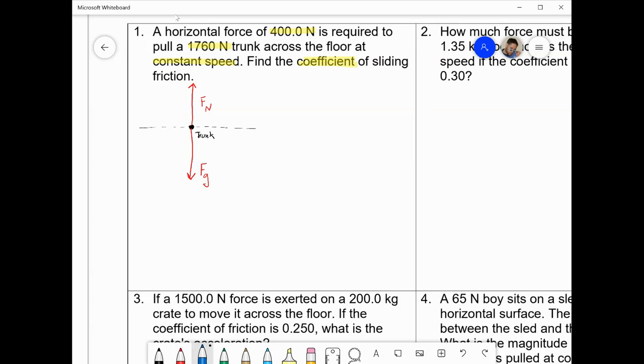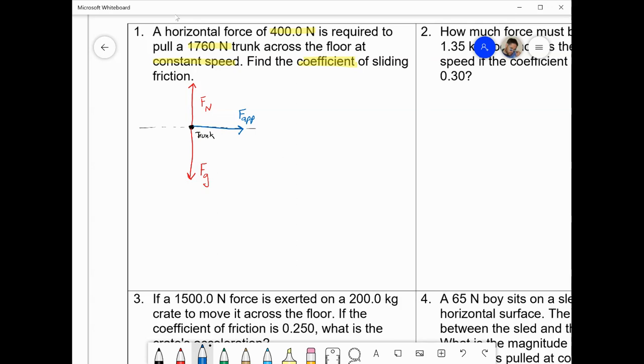There are also two more forces going on here. One of them is this horizontal force of 400 newtons. So I'm going to go ahead and put that one in right here. It doesn't matter which direction that's going as long as it's horizontal, so I'm going to put it to the right. I'm going to call this the force that is being pulled, or my applied force, so I could put that as a force app.